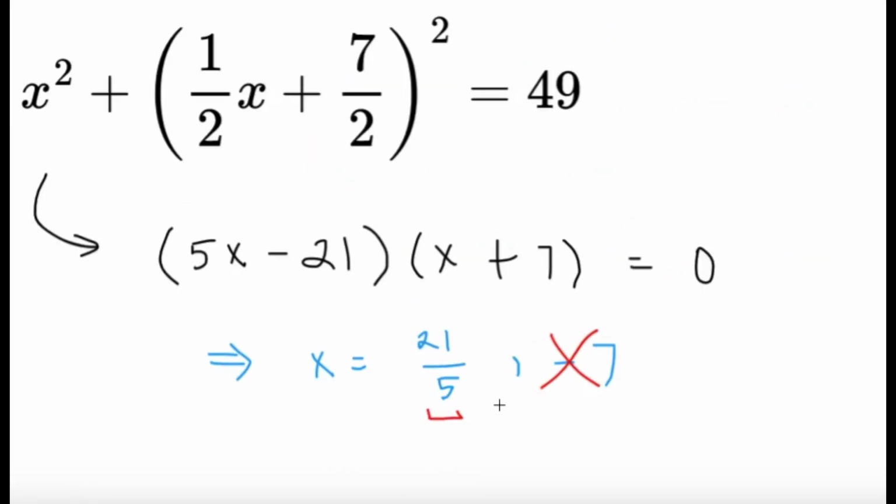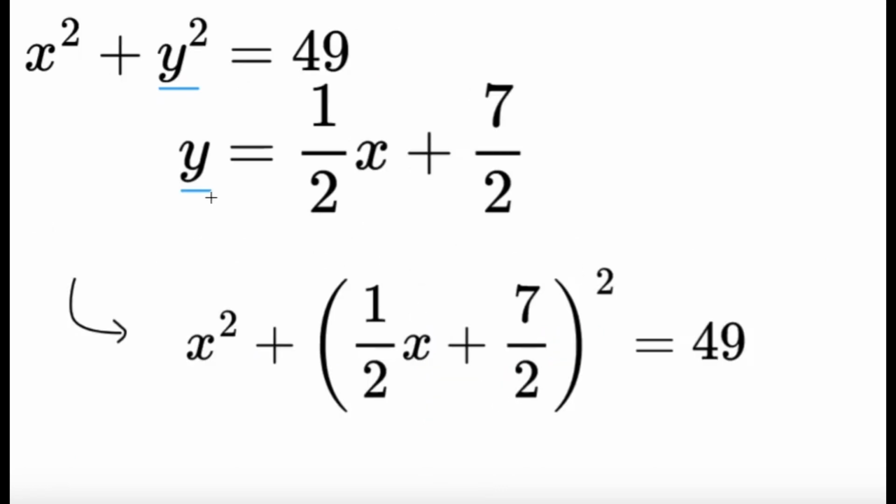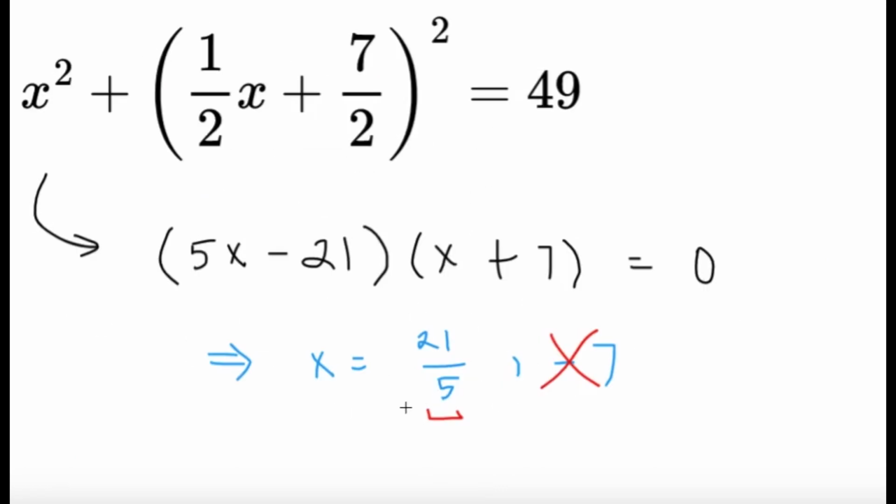The next thing that we have to do is find the y value, which is the thing that we actually want. So y is equal to 1/2 of x plus 7/2. So y would be equal to 1/2 of 21 over 5, plus 7/2. Again, I'm skipping the computations here, but you'll be able to get from here that y would be 28 over 5.